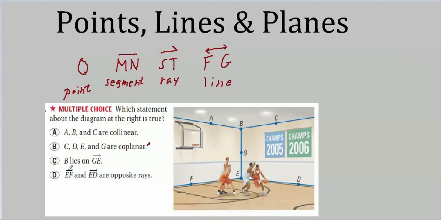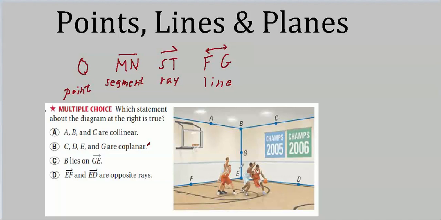What about ray EF and ray ED? Aha. EF and ED. Now, these don't take off in opposite directions. If this is a normal court, these two walls would be perpendicular. Normally, the walls are at right angles in an auditorium. So these are not opposite rays.